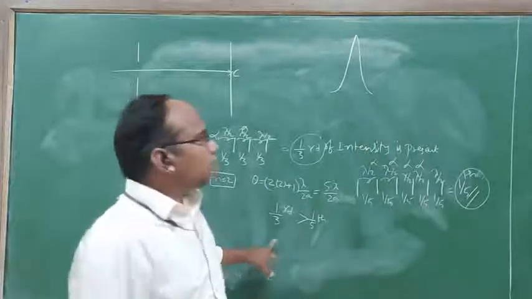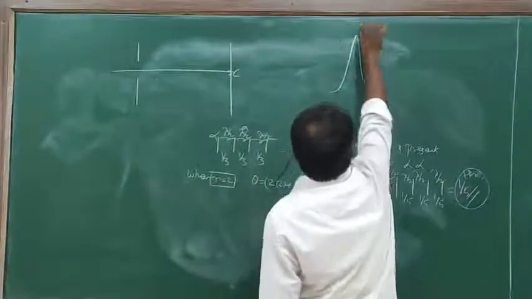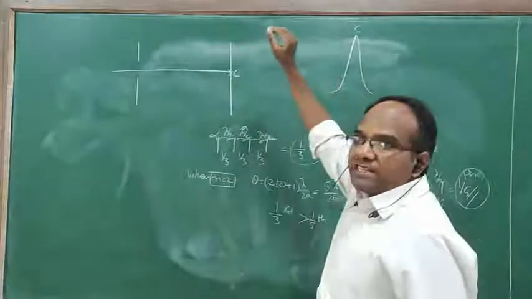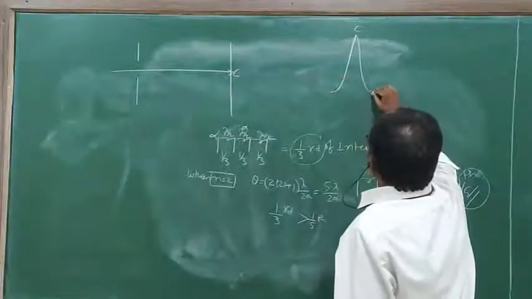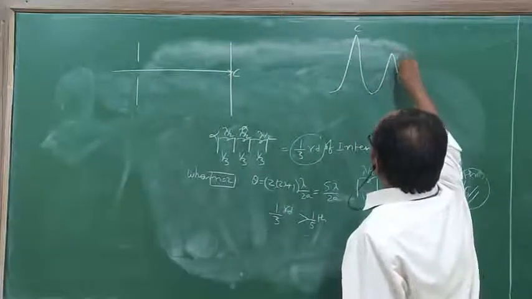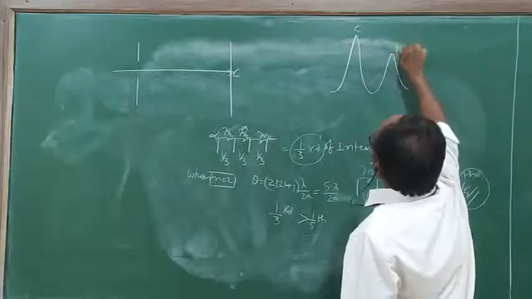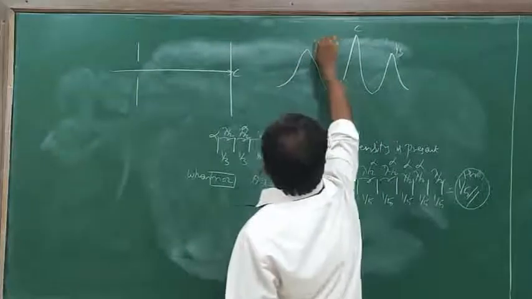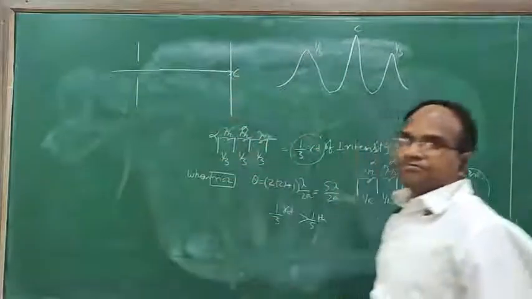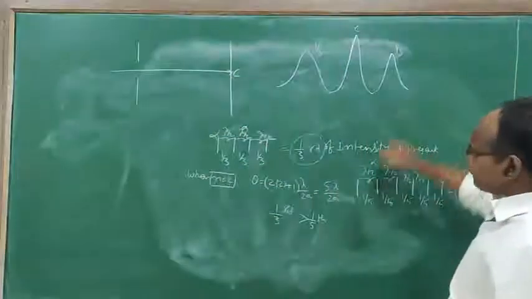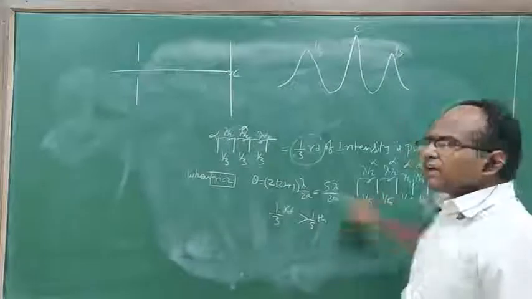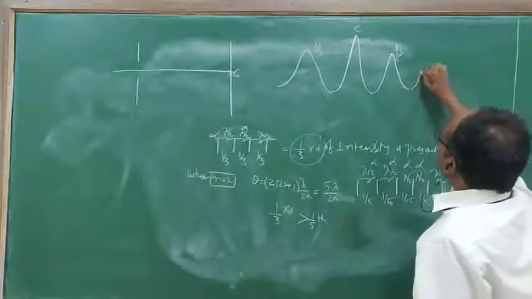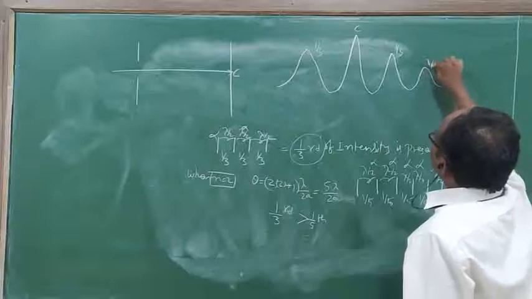Yes or no? So here this is the C point, the bright central maxima. This is the light which is coming up to here. This is the 1 by third. Here also it is moving up to here. This is also 1 by third. Now the least one is 1 by 5, 1 by 5th of the intensity.